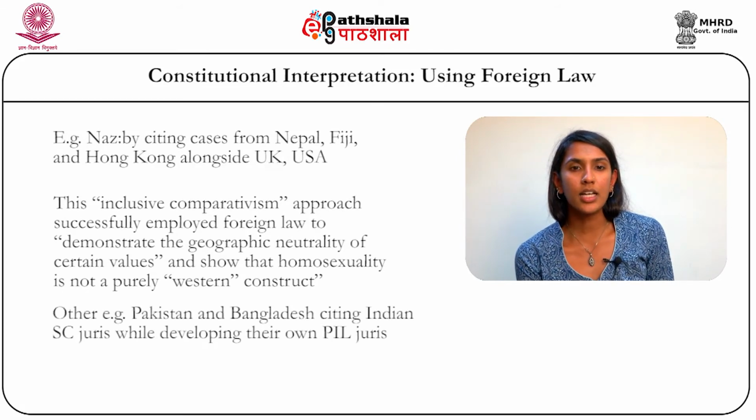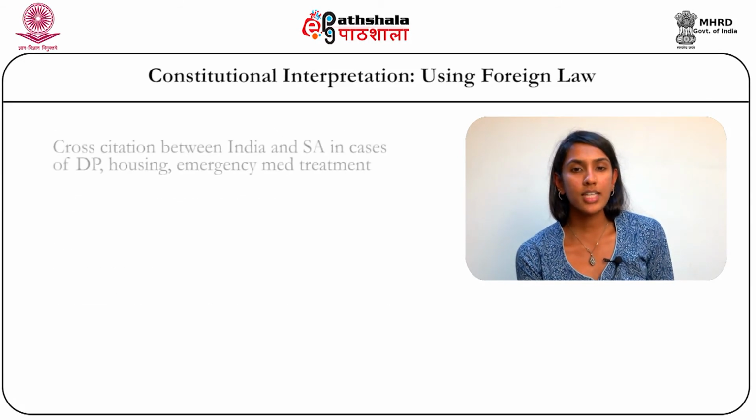Other examples include Pakistan and Bangladeshi courts citing jurisprudence from the Indian Supreme Court while developing their own public interest litigation jurisprudence. In fact, and in the paper I have talked about this in detail in the footnotes, there is a lot of cross-citation between India and South Africa, two global south countries, in cases of death penalty, housing, and emergency medical treatment.